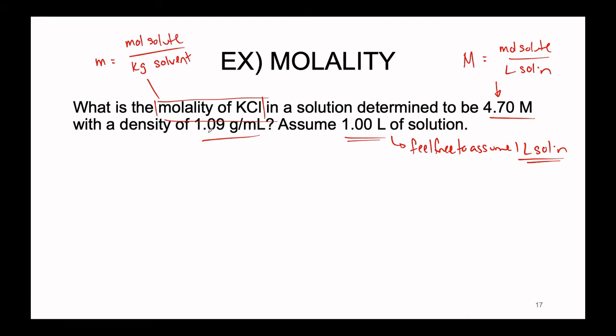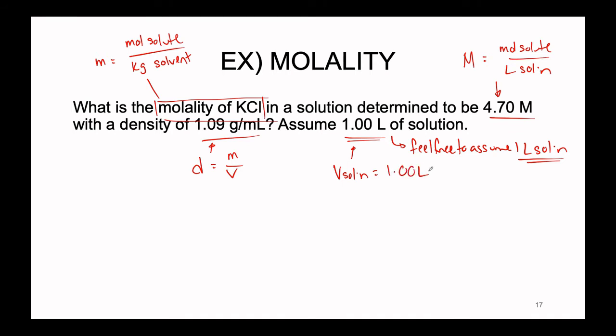If we keep reading, we can see that we have a density of solution, where density is equal to mass divided by volume. And we're also told 1 liter of solution. So we are given, and I'm going to label this explicitly here, V of solution is equal to 1.00 liters.